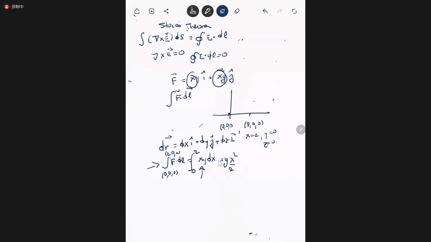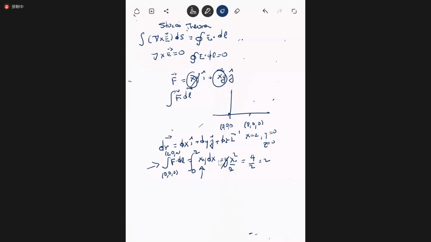If I didn't have the y here, I can actually forget about the y. So this gives me some value there, right? All I need to do is substitute for x the value 2. So it's 4 over 2, which is 2. Does this make sense?